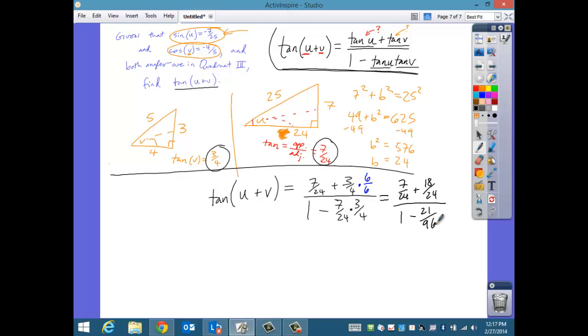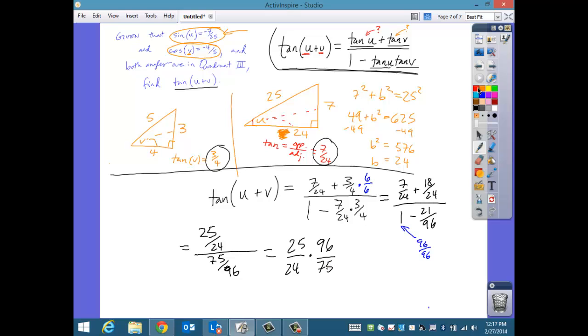So continuing this, I would have 25 over 24 all over. Now here, I'm going to take this 1 and make it into 96 over 96. So here I have 96 minus 21 over 96. That would be what, 75? Yes, over 96. So we do our keep change flip because we're dividing by a fraction.